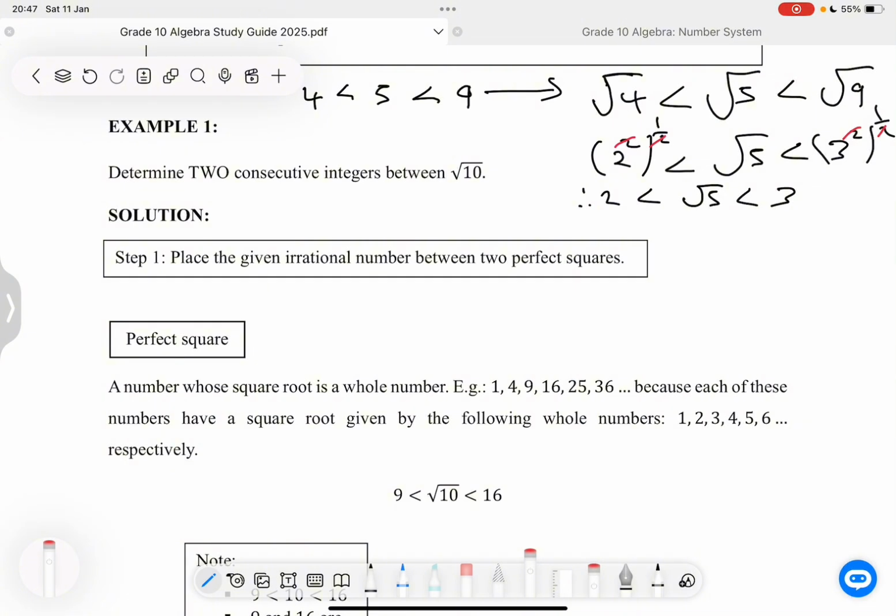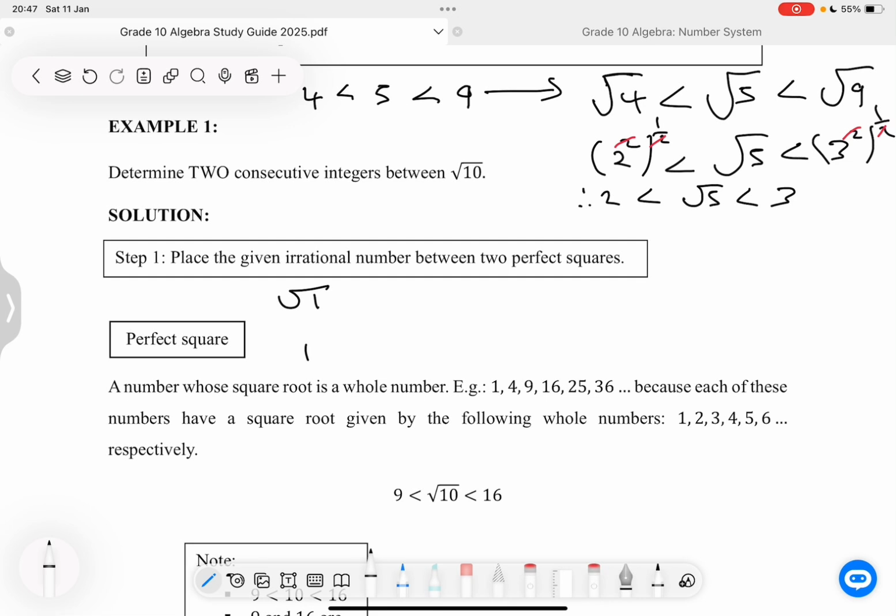A perfect square is a number whose square root is a whole number. And here they've given me examples of perfect squares. So let's say, for instance, I take the square root of 1, right? So the square root of 1 should give me a whole number.